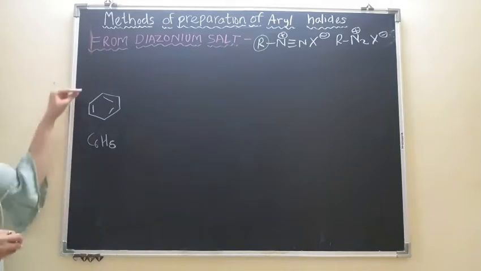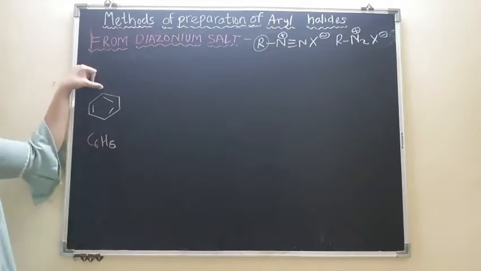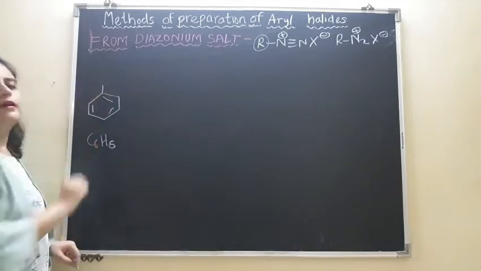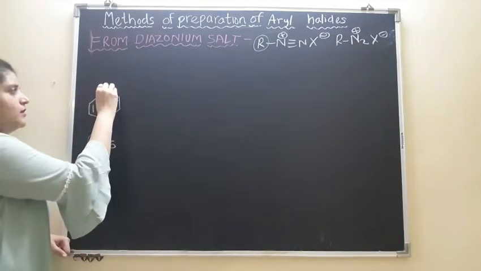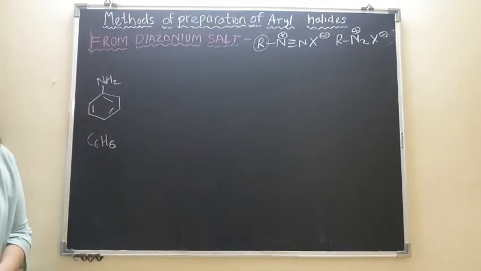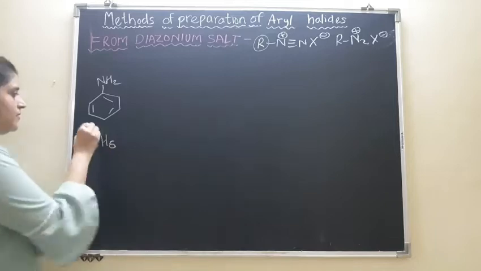Now what we are going to do is remove one of the hydrogens. Say for example, I am removing this hydrogen and replacing it by an NH2 group. So the structure that we get is aniline.